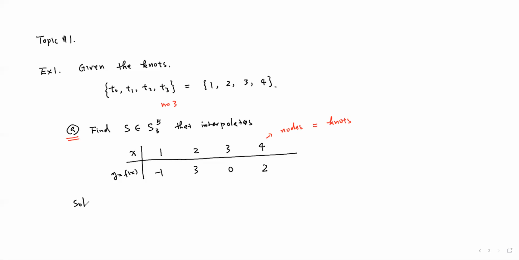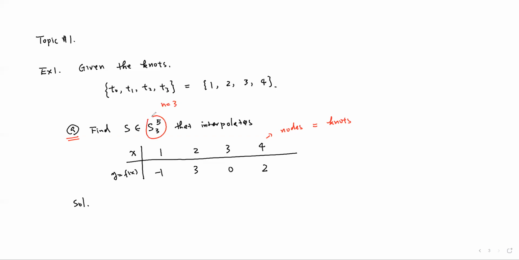Solution. How to find a piecewise polynomial of degree 5 so that the polynomial interpolates this table? Now we have a basis in hand. This is an easy job.